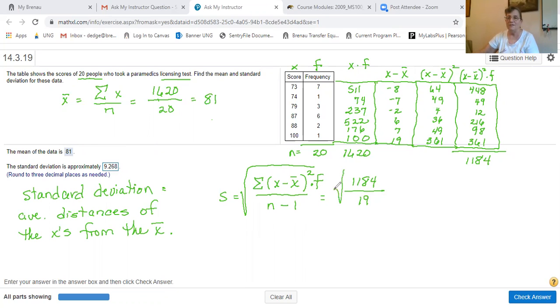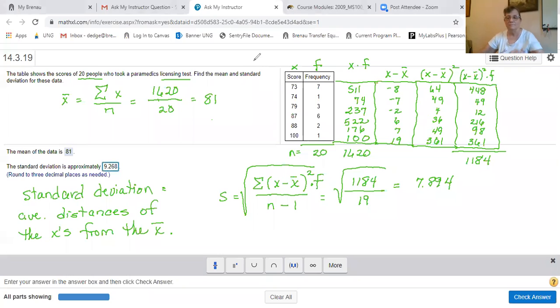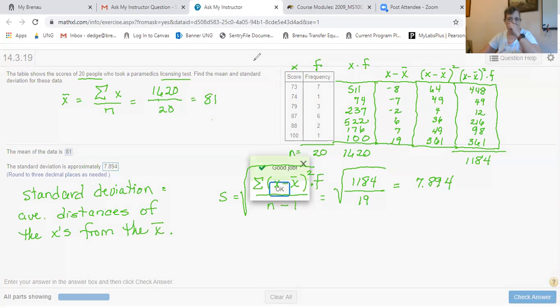And then we're going to take the square root to even out squaring it. And I get 7.894. And that's the right answer.